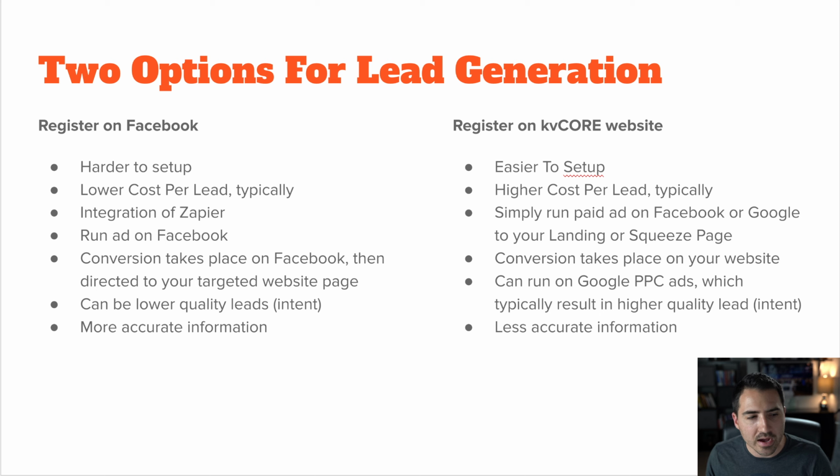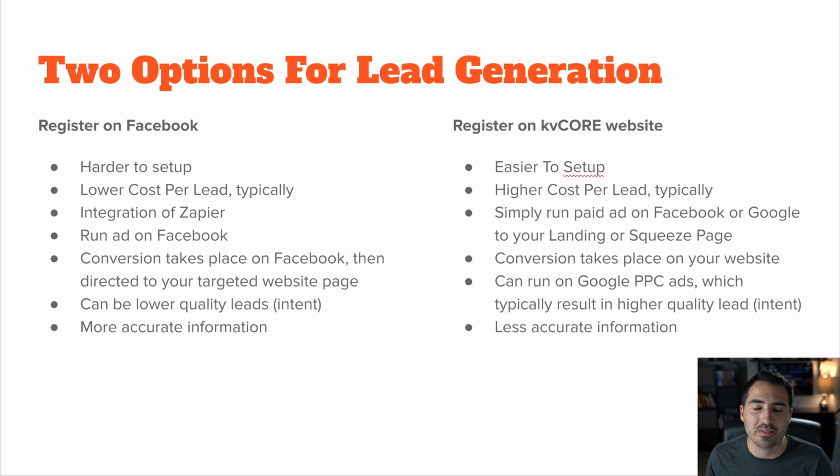And so one of the better things about Facebook is that typically you'll get more accurate information because that information's pre-populated on the Facebook form. A lot of times they just click submit. So you're getting a cell phone number, you're getting an email address, and it's going to be what their information is, unless they go in and change it and put something in there that's wrong. Whereas on kvCORE, they have to type everything. Your website doesn't know their information automatically, so they've got to type it in.